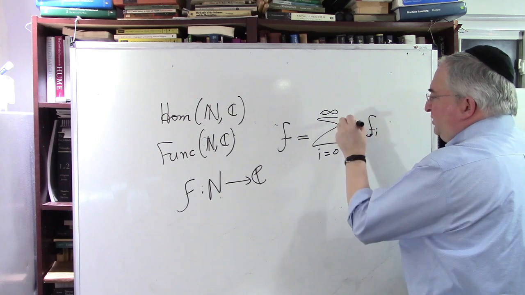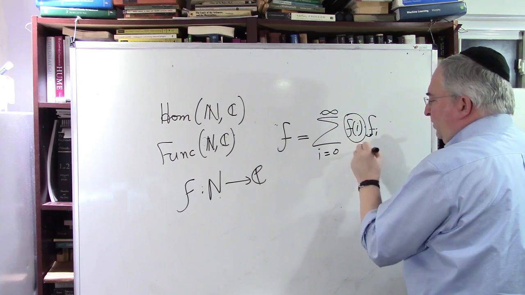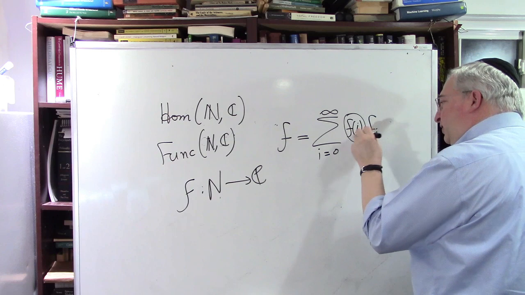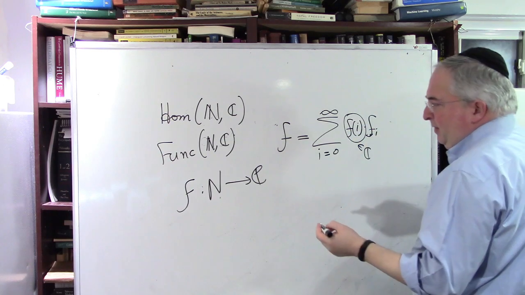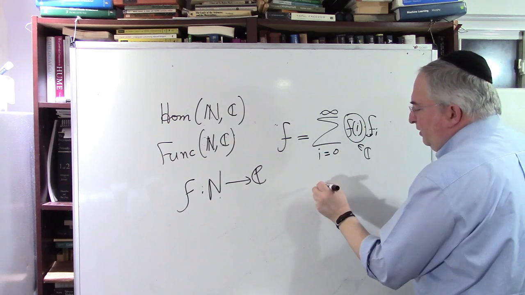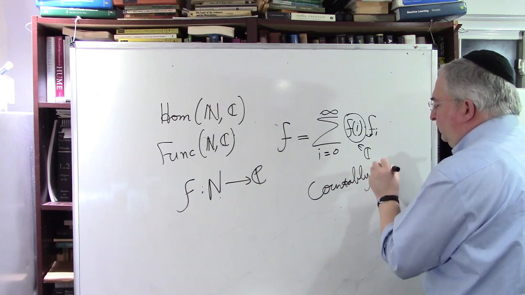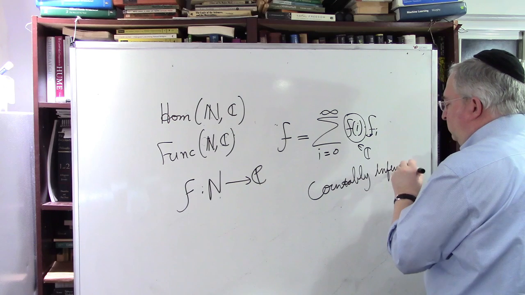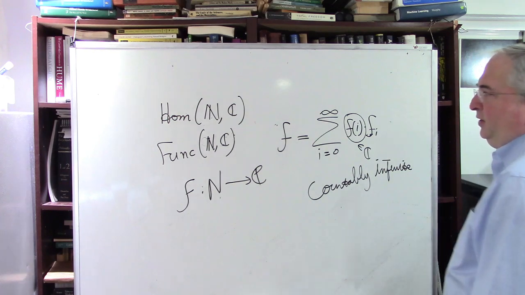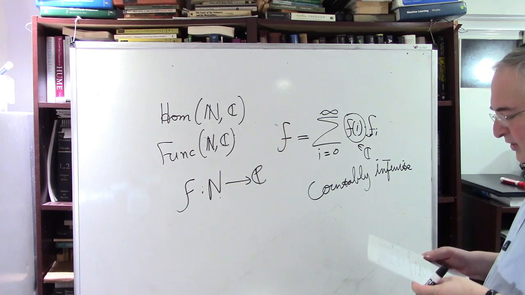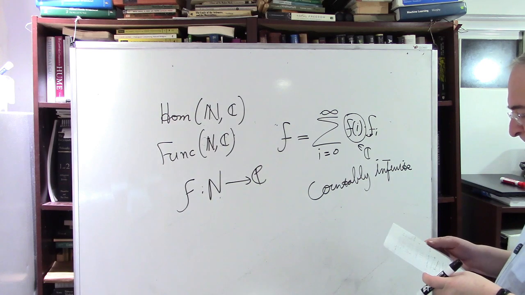When you plug in, f of i is a complex number, and this complex number is multiplied by this. The main point is, how many of these are there? Countably infinite. So this is a countably infinite-dimensional complex vector space.